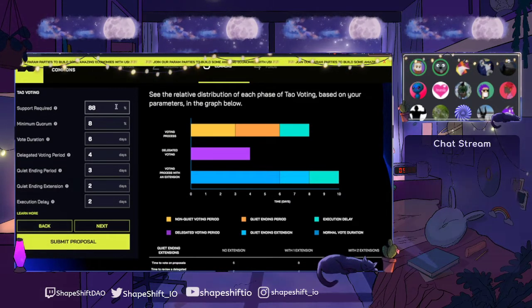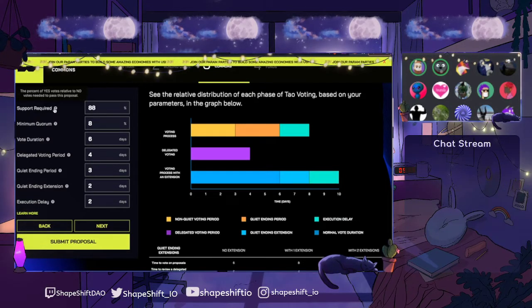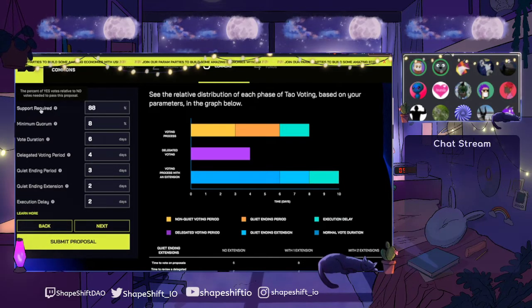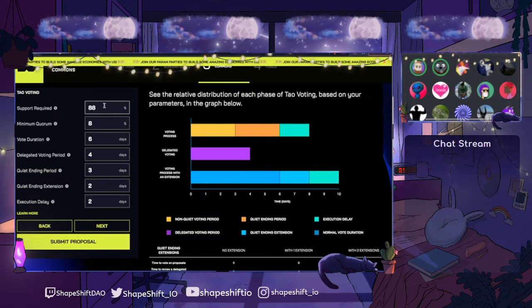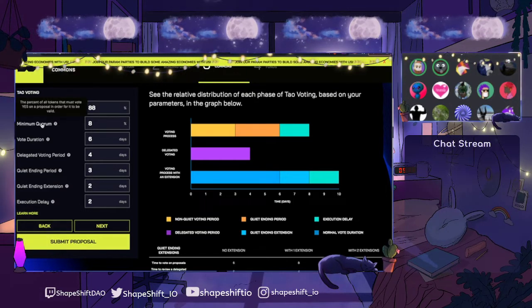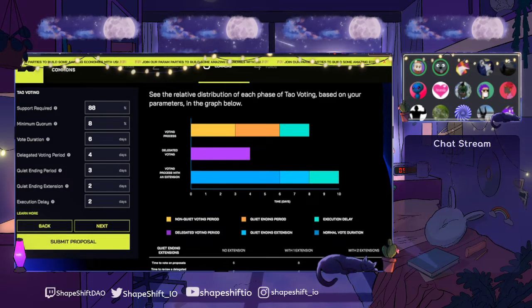So let's say that support required is 88%. It is a relative percentage of yes votes over no votes. 88% as support required and 8% as minimum quorum are the parameters that we are currently using for the hatch.